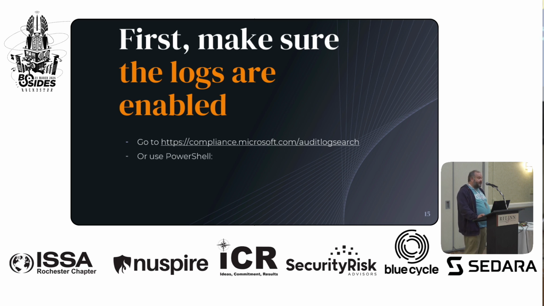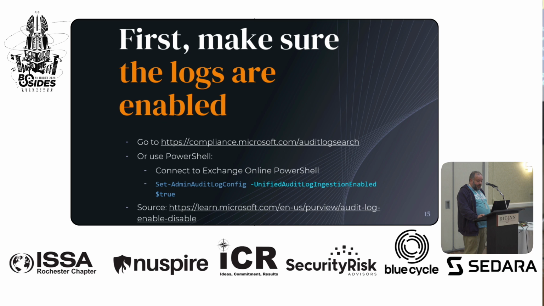Or you can achieve the same effect by using PowerShell. Using the Exchange Online PowerShell module, you can run this cmdlet here, Set-AdminAuditLogConfig, and you just have to set that to true, and that will enable these logs to start ingesting. And the source of that is right there at the bottom.